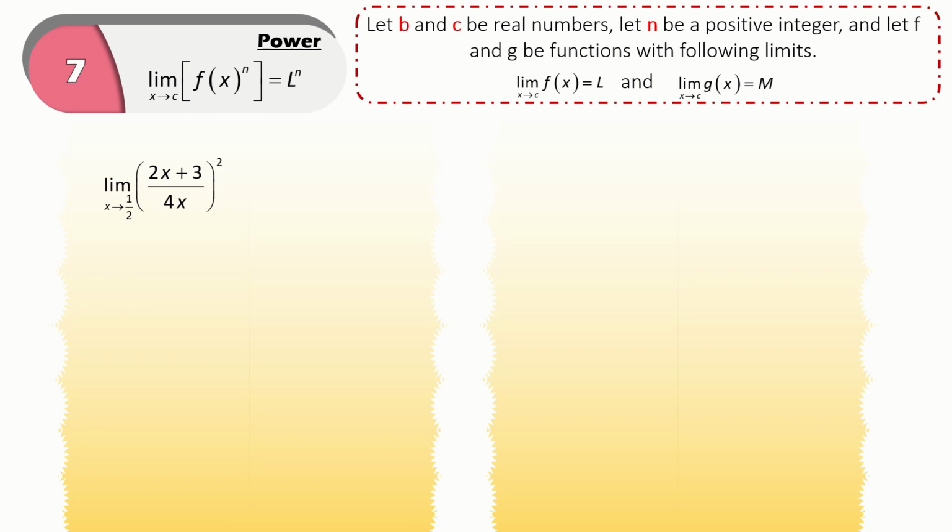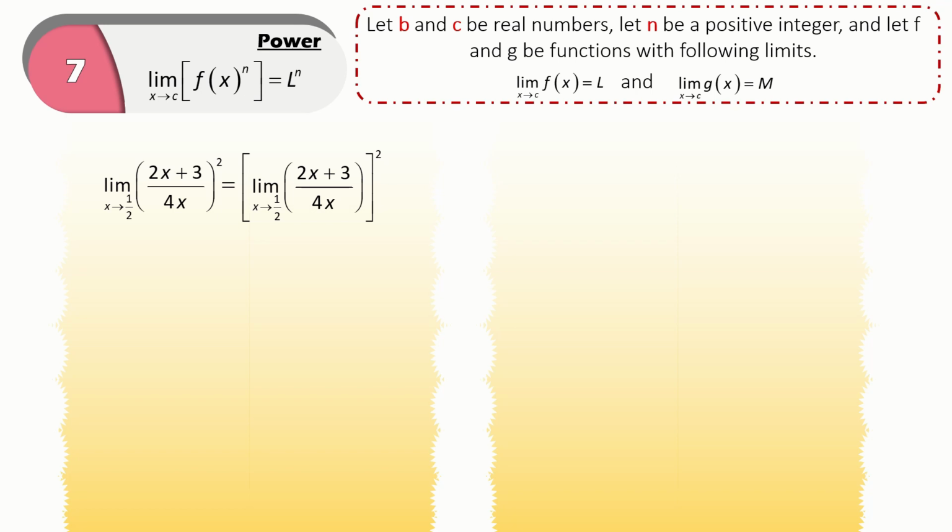To continue, we have the square of the limit of the quotient of the sum of 2x and 3 and 4x as x approaches 1/2. The same process is applied like on the previous examples. Take the limit of the function that is being squared, which is the entire sum of 2x and 3 over 4x, before applying the power.